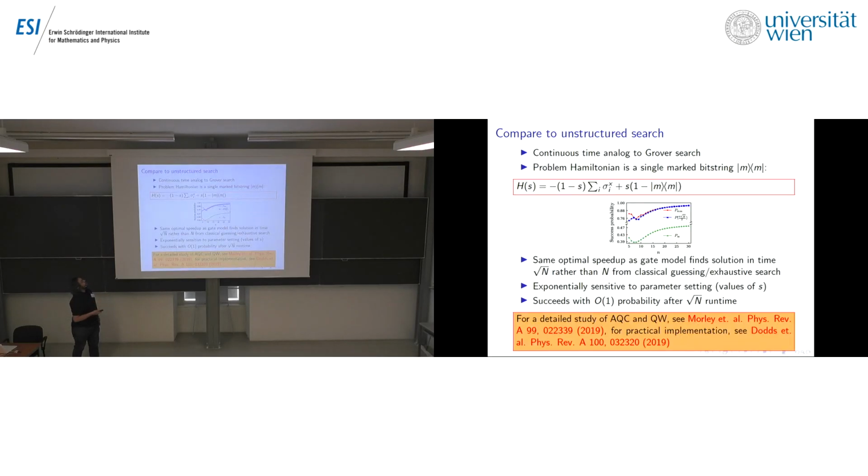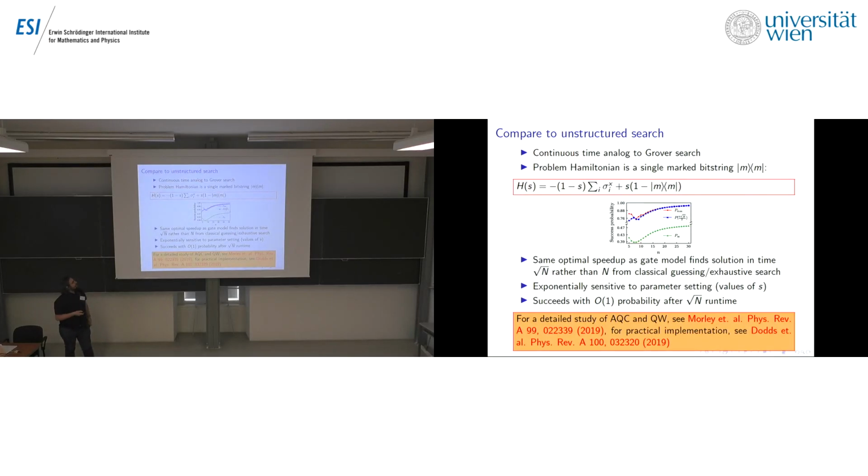And so, as I promised, we'll be discussing unstructured search. What we have here is actually very much like when you have an unstructured search. An unstructured search is you just have a marked state, a single bit string you've given a lower energy. Every other bit string has the same higher energy.